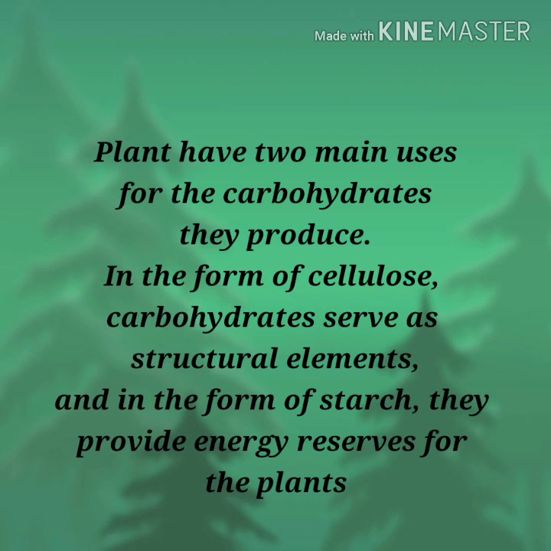Plants have two main uses for the carbohydrates they produce. In the form of cellulose, carbohydrates serve as structural elements, and in the form of starch, they provide energy reserves for the plant. Plant products are the major source of carbohydrates in the human diet.